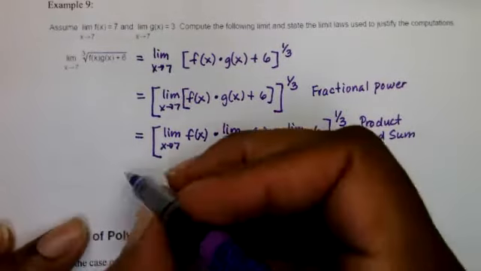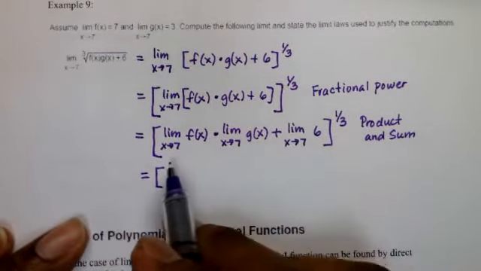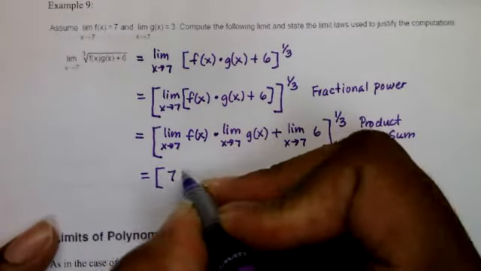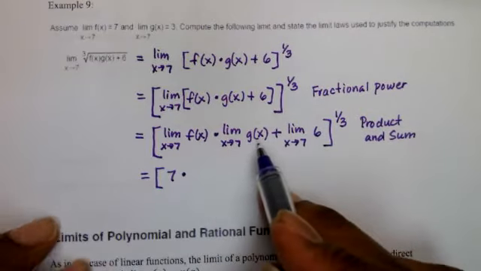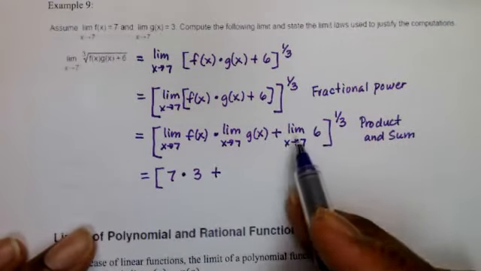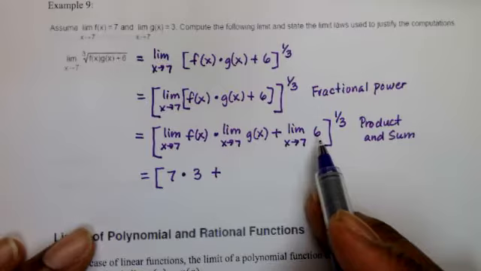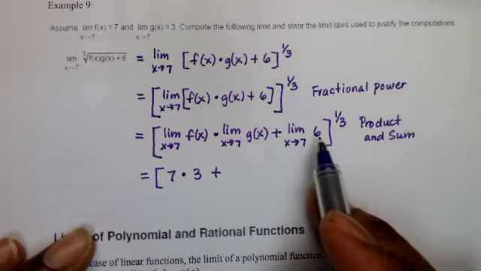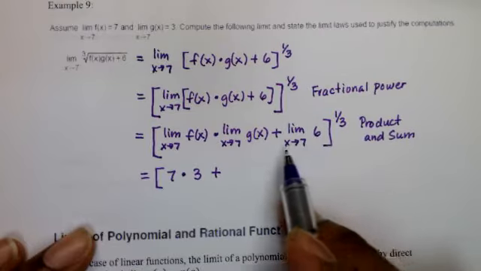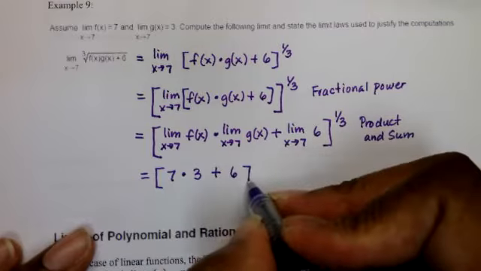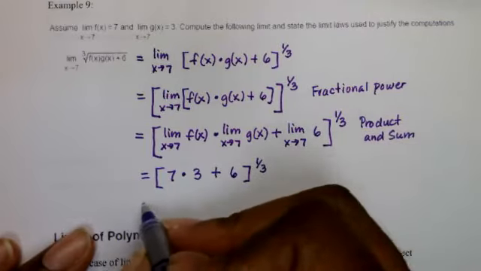Now let's simplify these. The limit as x approaches 7 of f of x is 7, times the limit as x approaches 7 of g of x, that is 3. Now for the limit as x approaches 7 of 6, if you recall, the limit of a constant, regardless of where x is approaching, is that constant. So the limit of 6 as x approaches 7 is 6. And all of this is to the 1/3 power.